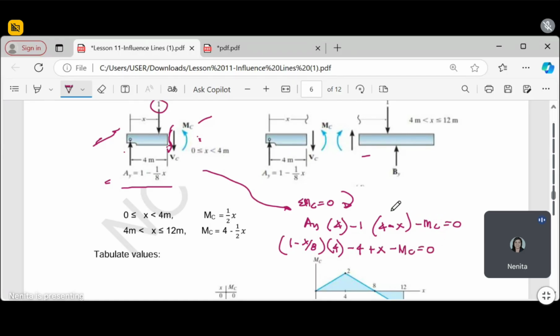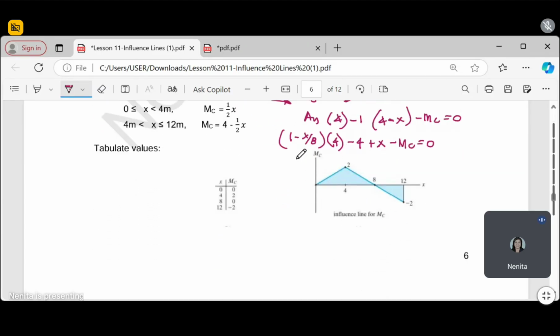Simplifying, negative x is positive x. So we have 4 minus x over 8.